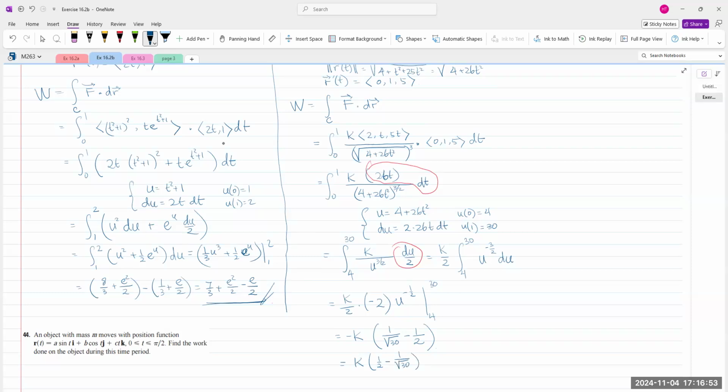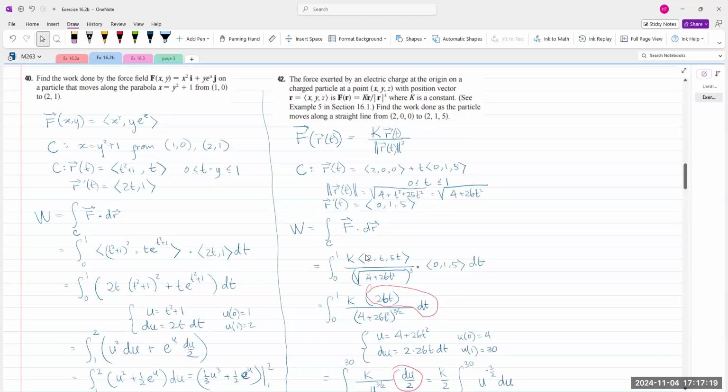Ooh, that's ugly. Should I simplify from there? I'm so lazy though. This is k, make it 30. So this will be 15 minus square root of 30 over 30, like that. Okay, that's the work.